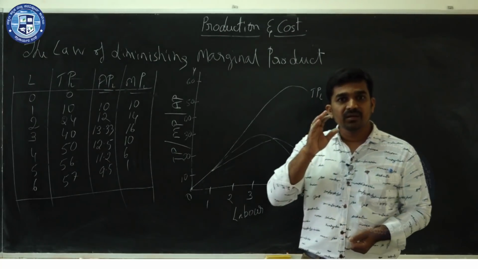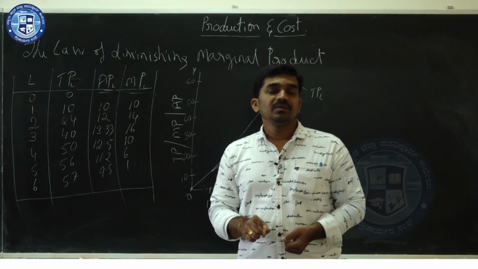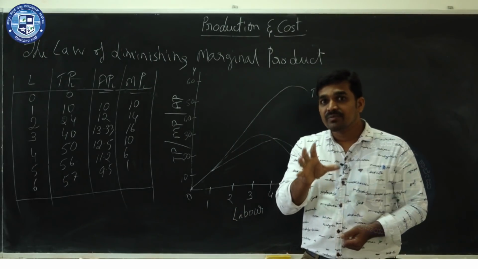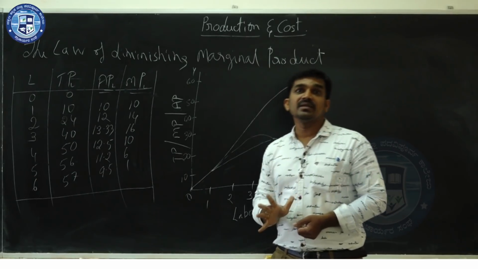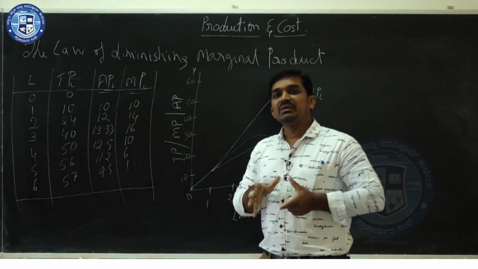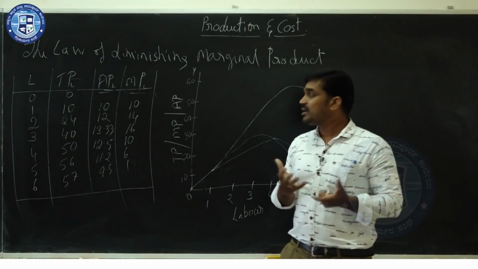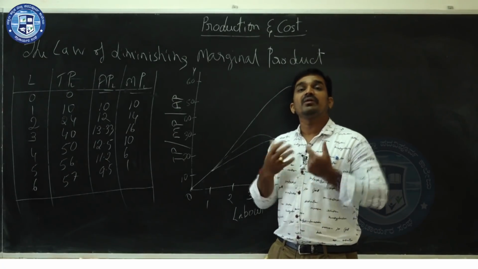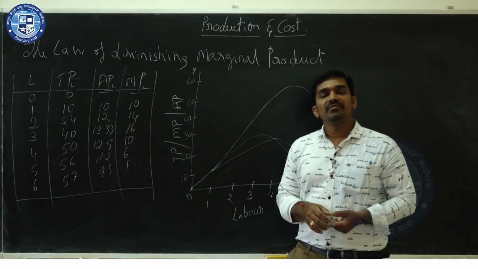When marginal product's value is negative, total product starts falling. It means the use of the variable factor is overcrowded. It is too crowded. That's why total product is not increasing. Total product starts falling.